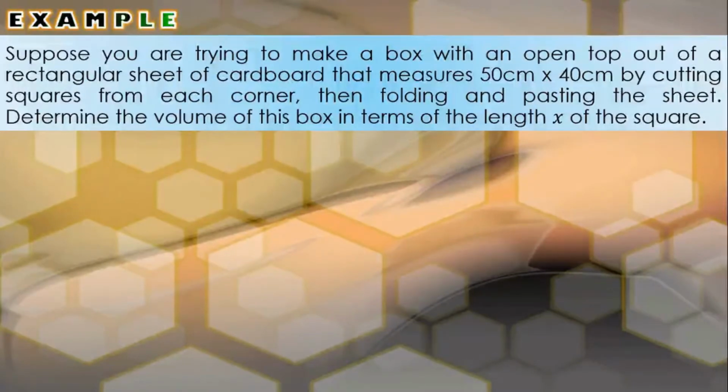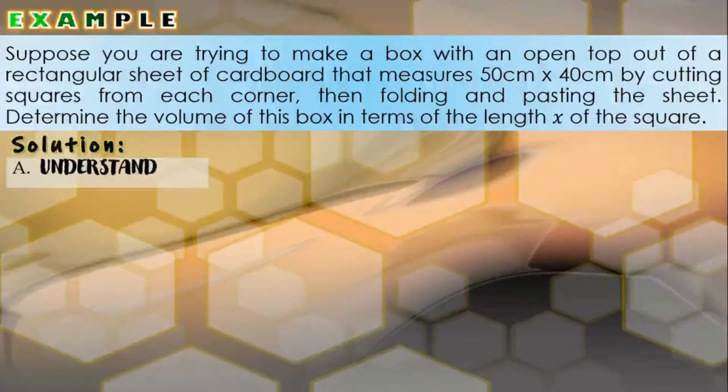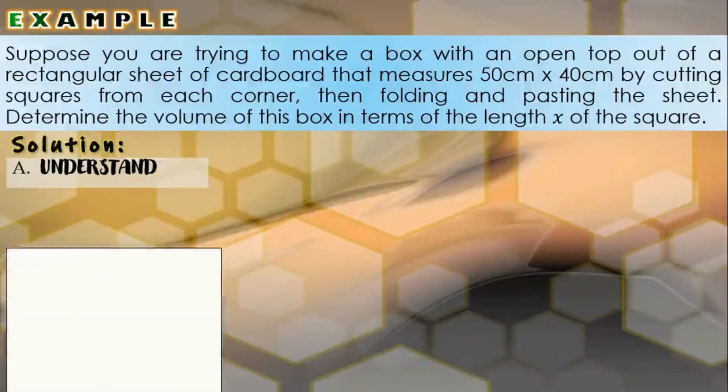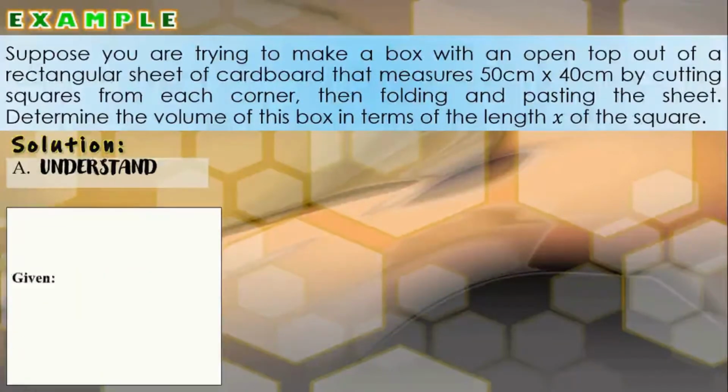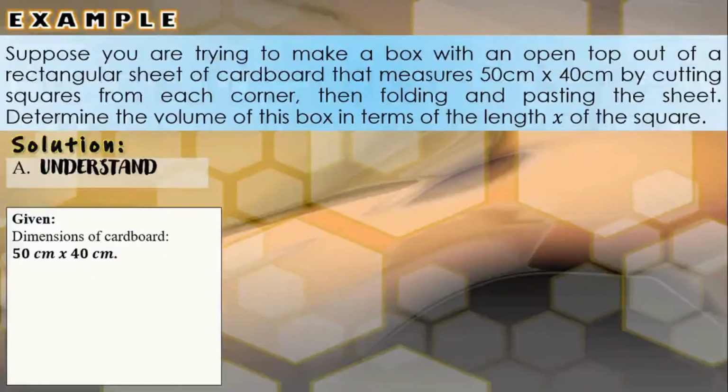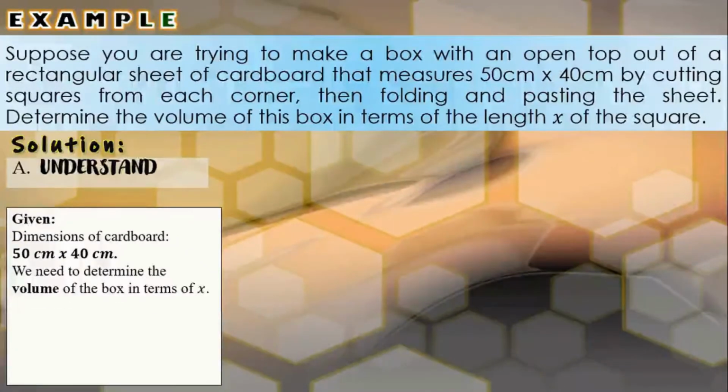Determine the volume of this box in terms of the length x of the square. So our solution, of course, we have to understand the problem. Ano-ano yung mga given? So the given is the dimensions of the cardboard, which is 50 by 40 centimeter. And we need to determine the volume of the box in terms of x.